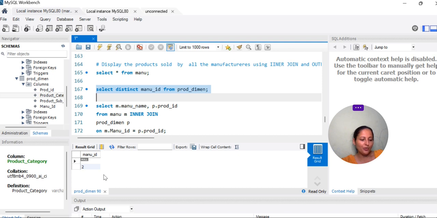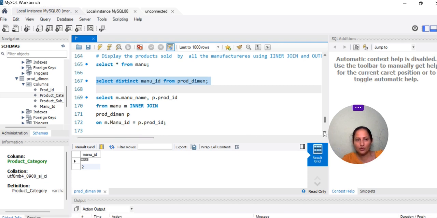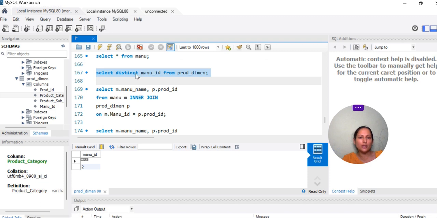If you want to join the manufacturer table and the product dimension table, what will happen? Let us try using an inner join. If we want to extract information from both tables, we are going to use inner join.